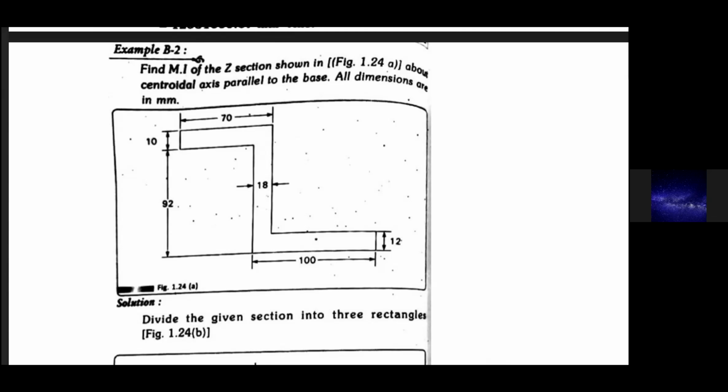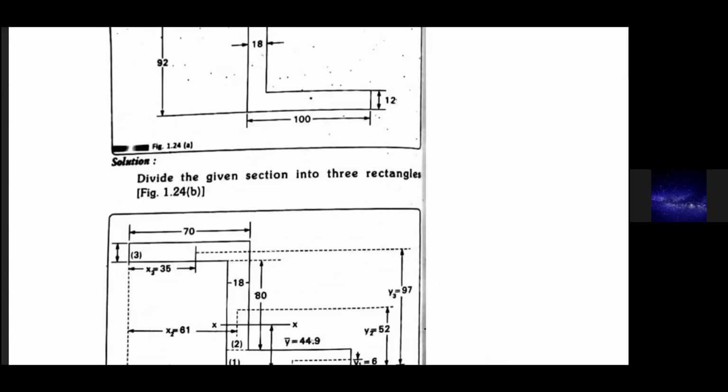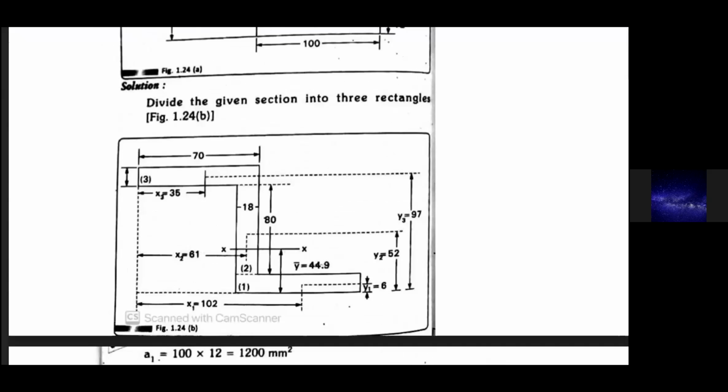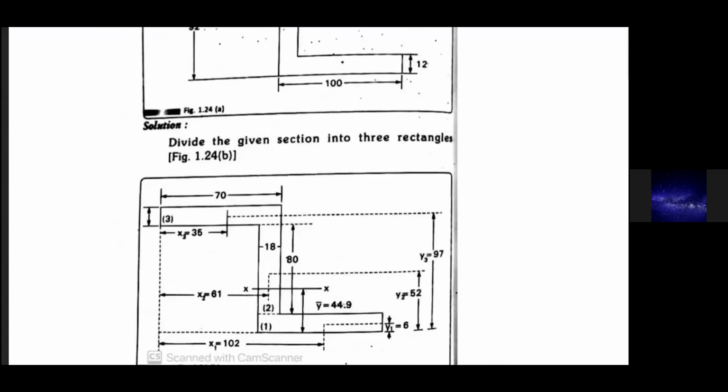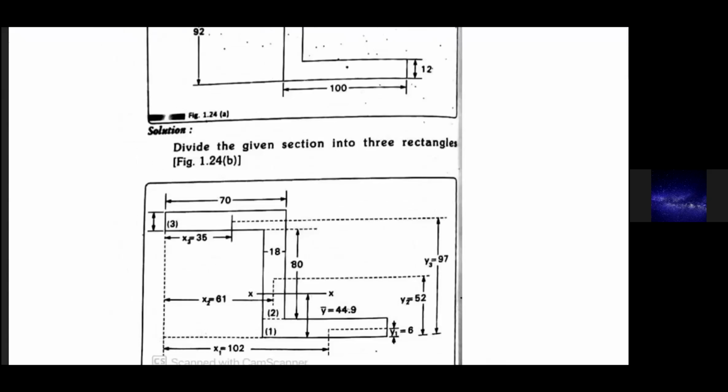So first step, you have to divide the given section into three rectangles as shown in the figure. I have to find Ixx only. Three rectangles.